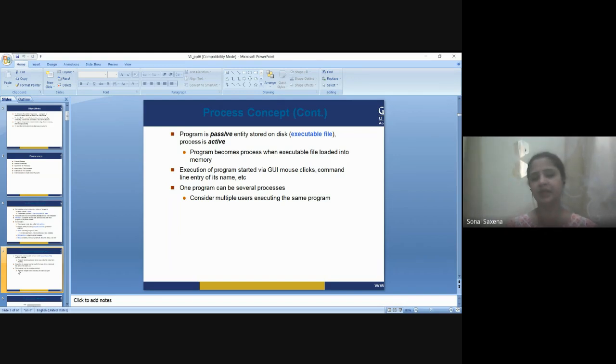And sometimes it can happen that the processes can be taken up sequentially, because a program is a collection of several processes here. So this is about the process concept. Let us take up the next point.